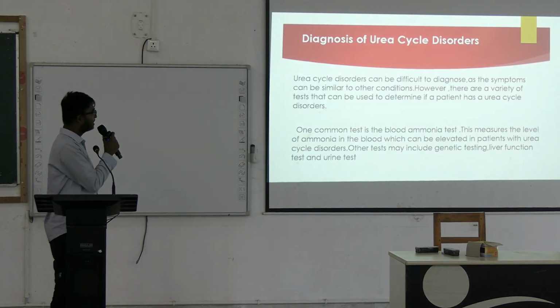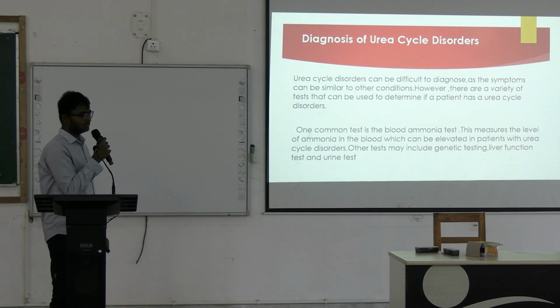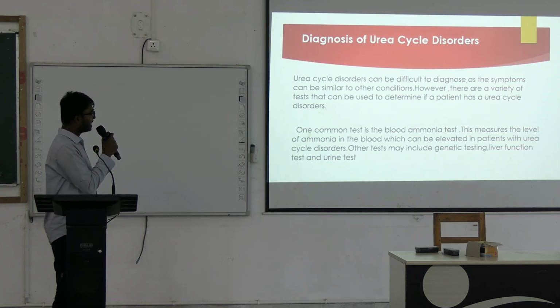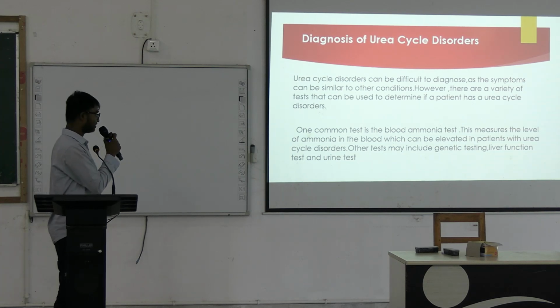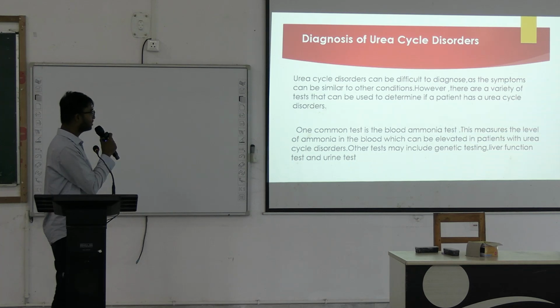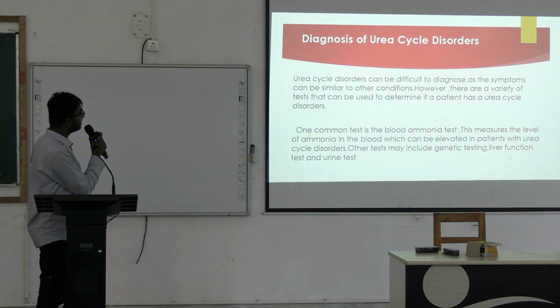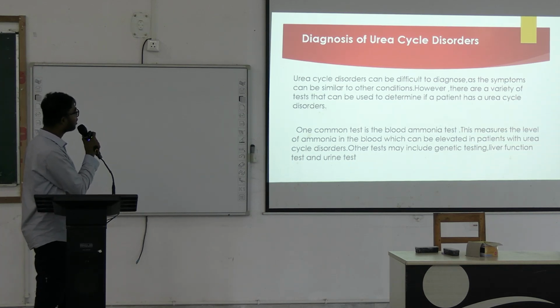Then diagnosis of urea cycle disorder. Urea cycle disorders can be difficult to diagnose as the symptoms can be similar to other conditions. However, there are a variety of tests that can be used to determine if a patient has a urea cycle disorder. One common test is the blood ammonia test. This measures the level of ammonia in the blood, which can be elevated in patients with urea cycle disorder.